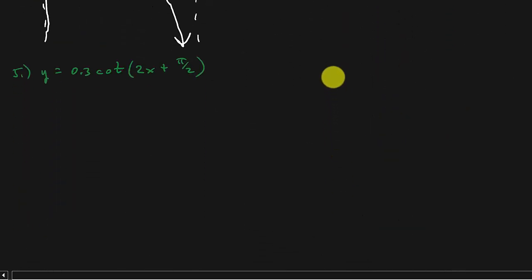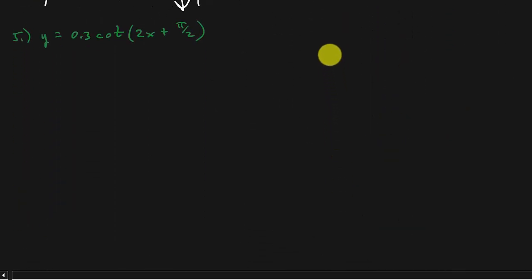All right, let's look at this one. So we got y equals 0.3 cotangent of 2x plus pi over 2. All right, so just like we did on tangent, to find the two adjacent asymptotes for tangent, what did we do? Whatever we were taking the tangent of, we set equal to negative pi over 2, and we set it equal to pi over 2.